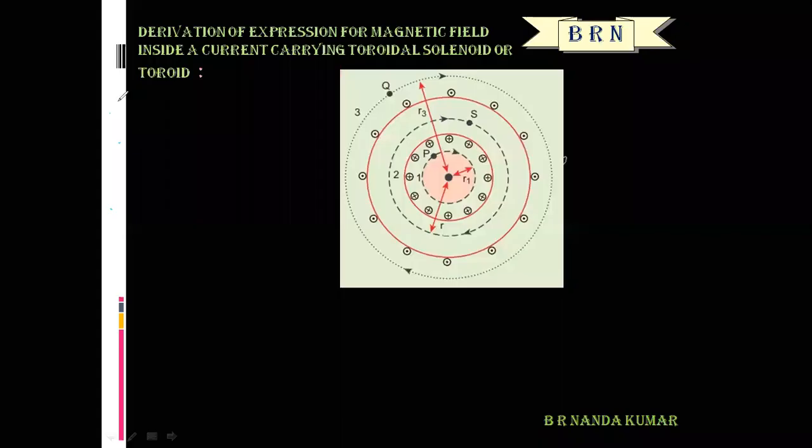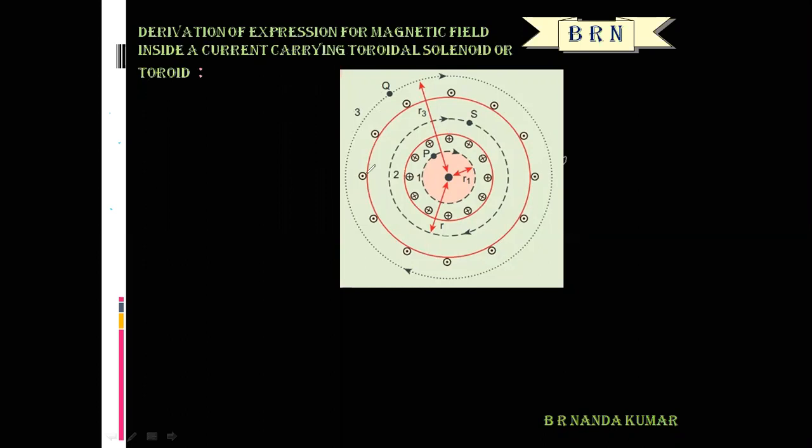Okay, the next topic, derivation of the expression for magnetic field inside a current carrying toroidal solenoid or toroid. Toroid means a solenoid bent in the form of a ring. This is the cross-sectional view of a current carrying toroid.